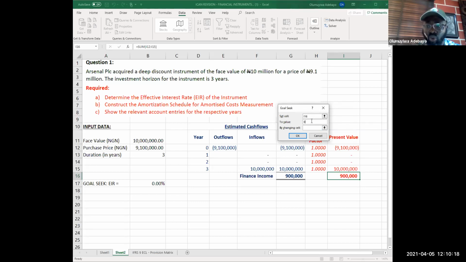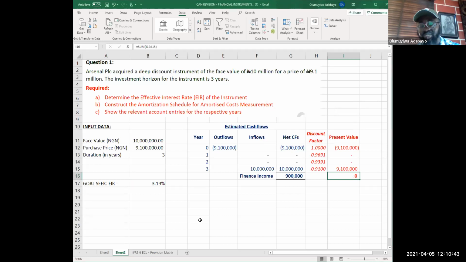I want to see what will give me 0, given that I change this variable, being a parameter for my measurement, my effective interest rate. I click on it. Okay, what rate will ensure that I get 0 and not 900? Once I click it, it gives me 3.19.